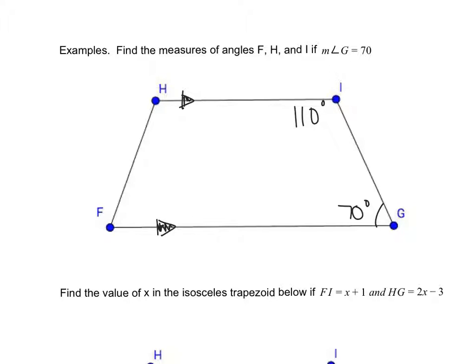Okay. If this weren't an isosceles trapezoid, we would then be stuck. We wouldn't be able to find angles H and F. So we're going to assume that we have an isosceles trapezoid here in order to find the measures of H and F. So base angles are congruent. So since angle G is 70 degrees, that means angle F is 70 degrees. Angle I has to be congruent to angle H, which means that angle H has to be 110 degrees.